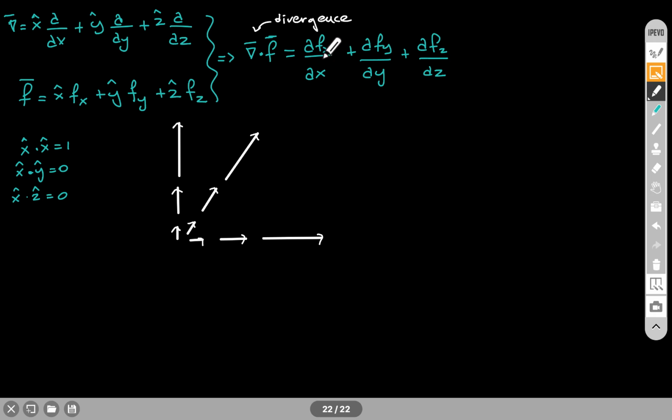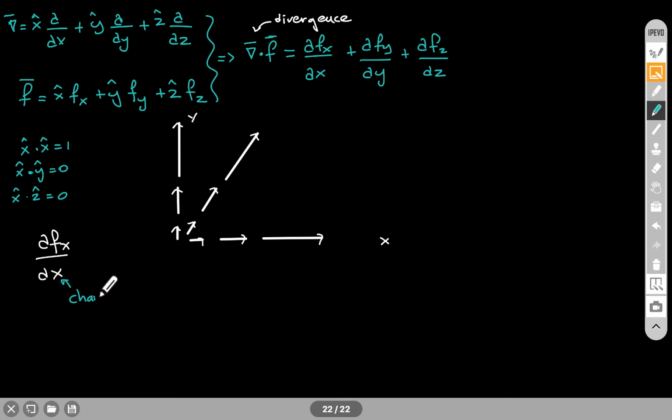Now, let's say that this is the x and this is the y, okay, and the z is going out of the page. Now, I want to see what the first term is telling me, and I will write it here. So this is what I want to think about. The partial derivative of f of x with respect to x. What does that mean?